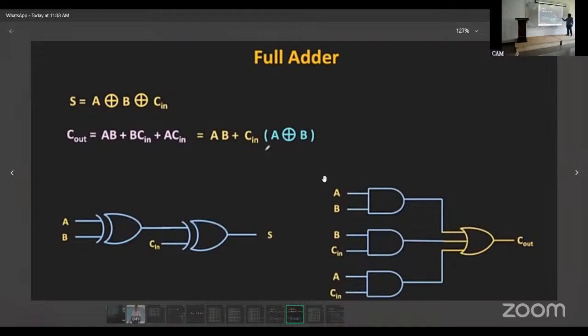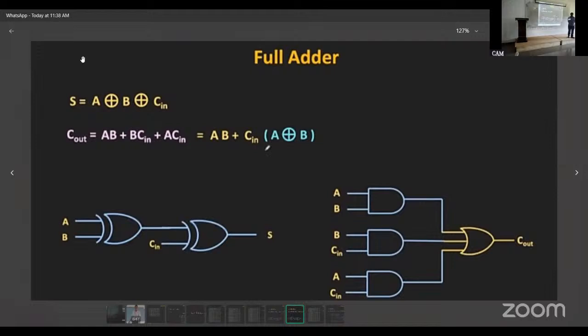Now this one, from A and B, and B and C in, and A. It is done.